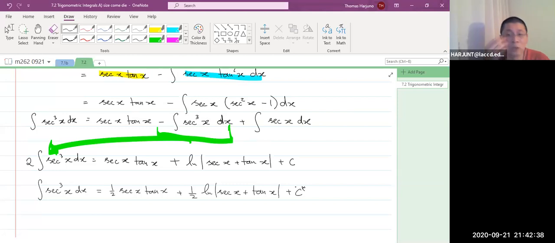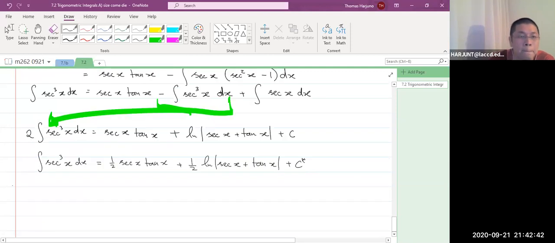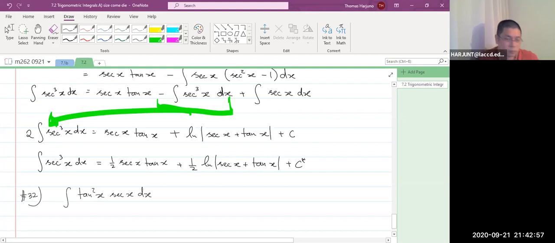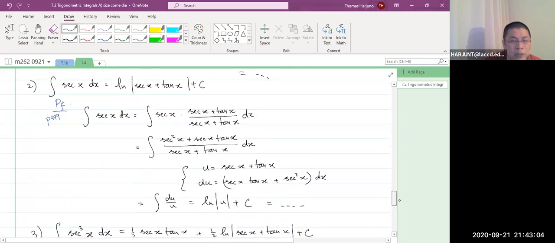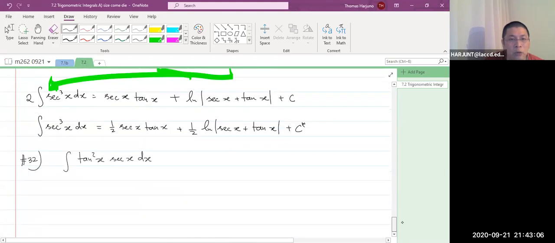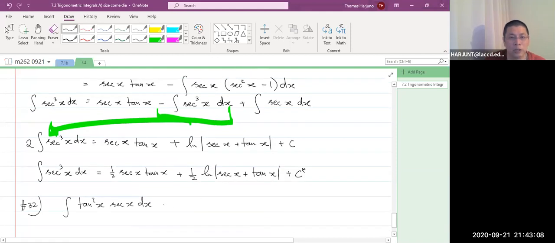So let's take a look at, for example, number 32, integral of tangent squared x secant x dx. Now, if you memorize these three formulas here, especially formula number 2 and number 3, then this question will turn out to be an easy one.